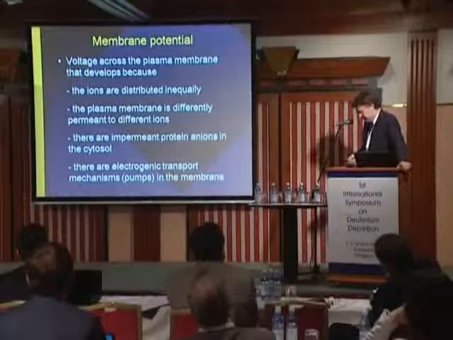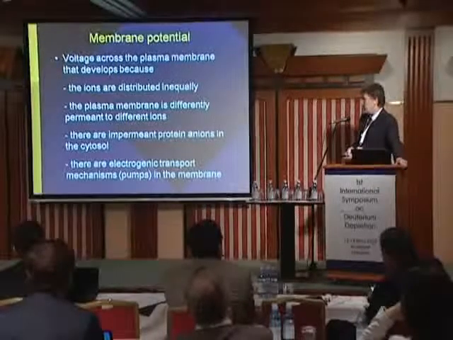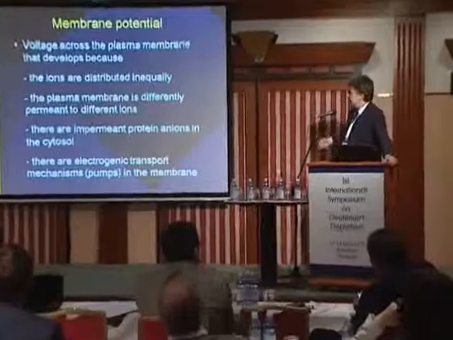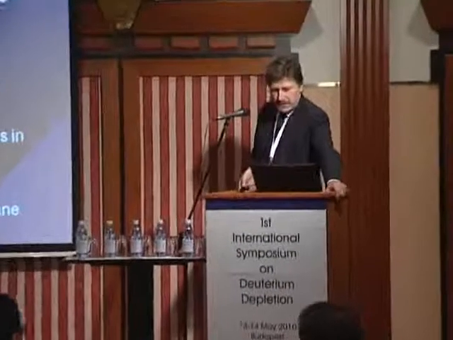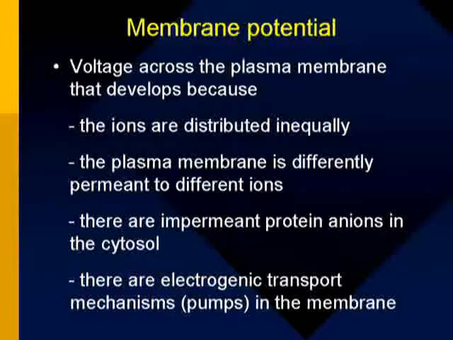As we know well, all living cells develop voltage across the plasma membrane, and this membrane potential is due to different factors. For example, the unequal distribution of the ions across the plasma membrane, the unequal permeability of the ions across the plasma membrane, the presence of negatively charged proteins in the cytoplasm, and the presence of electrogenic pumps in the membrane, which contribute to this voltage.